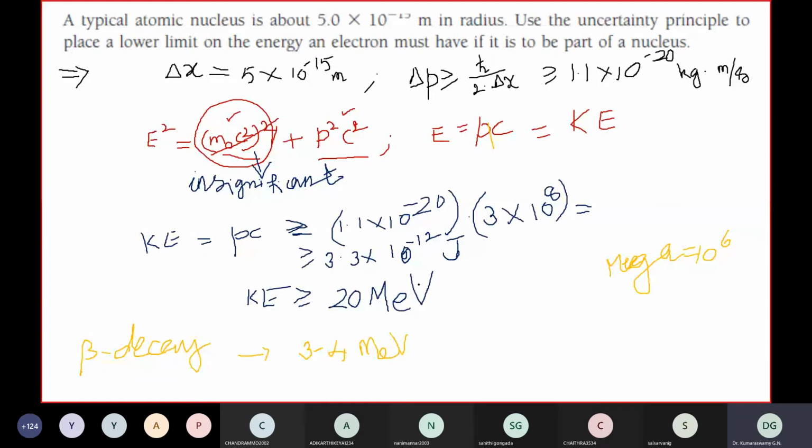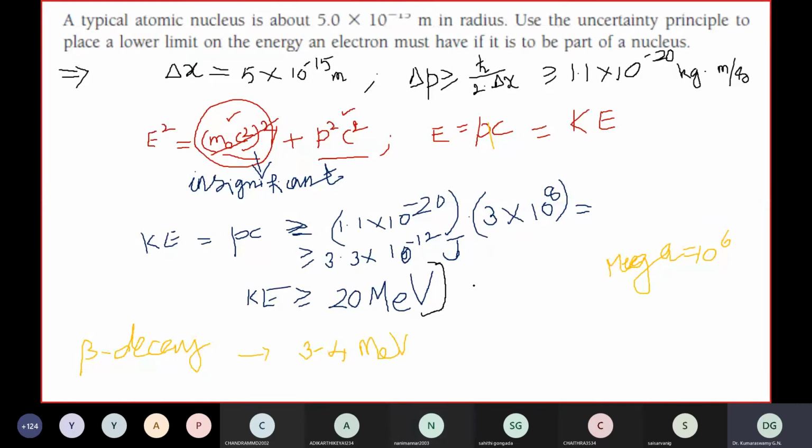When it comes out, how much energy will it have?